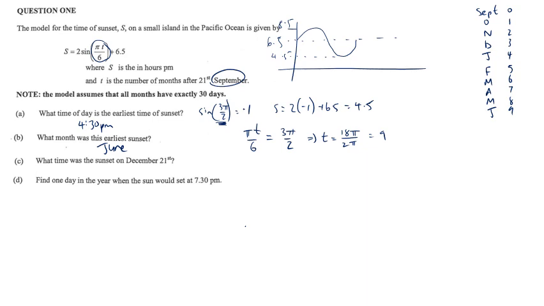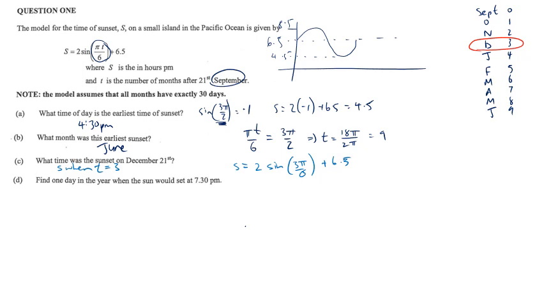Okay, so question 3, what time is the sunset in December? Well, December up here is actually the 3rd month, so really just what is S when t equals 3? So S equals 2 sine 3 pi over 6, substituting in t is 3, plus 6.5.